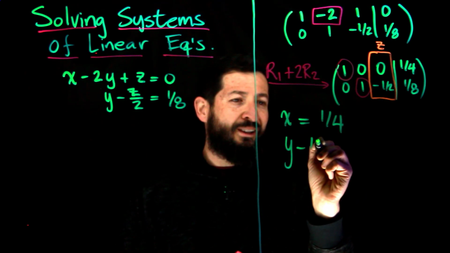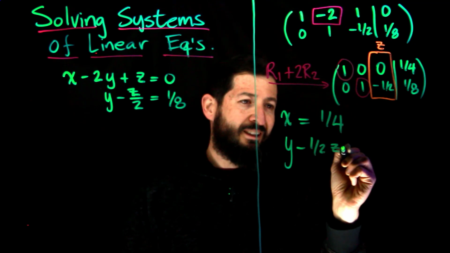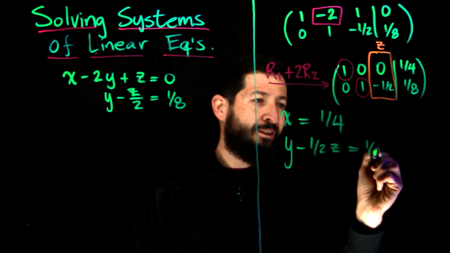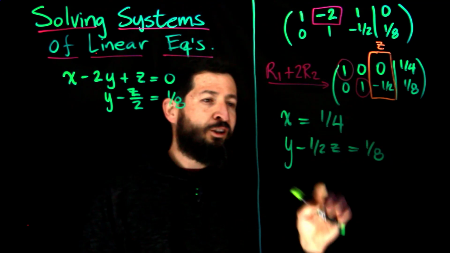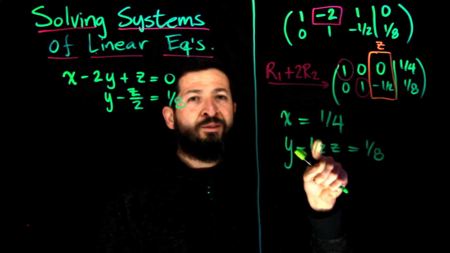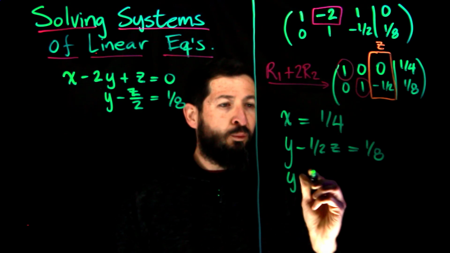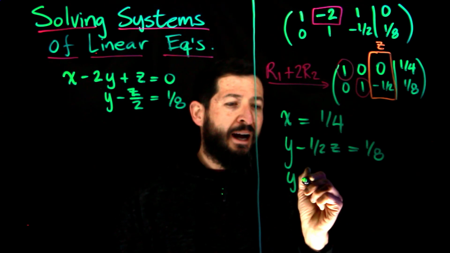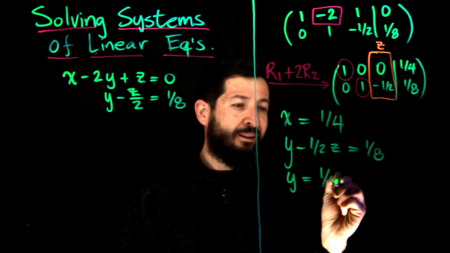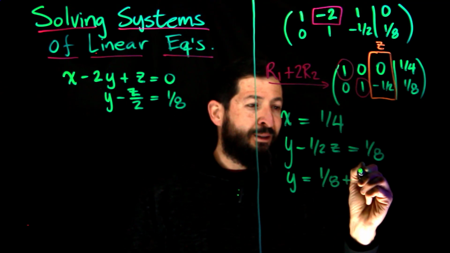Minus 1/2 of z equals 1/8. So at this point, since z is a free variable, I'm going to add it on both sides, and I'm going to obtain that y is equal to 1/8 plus 1/2 of z.